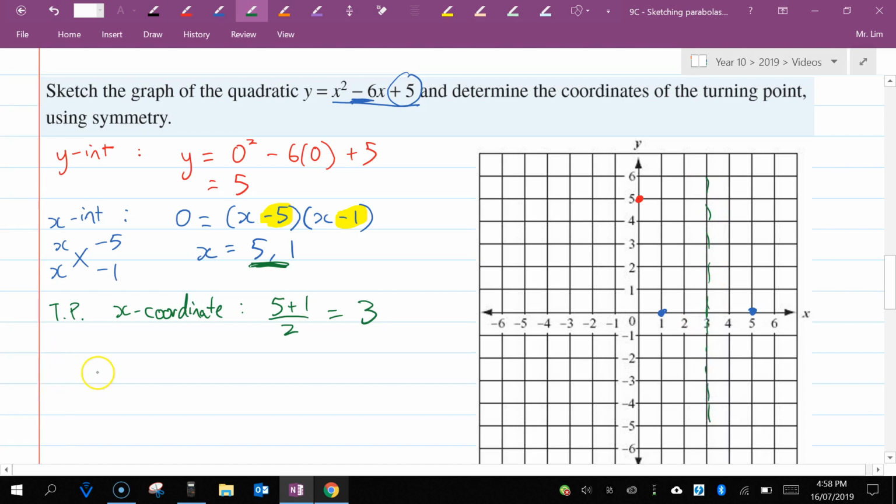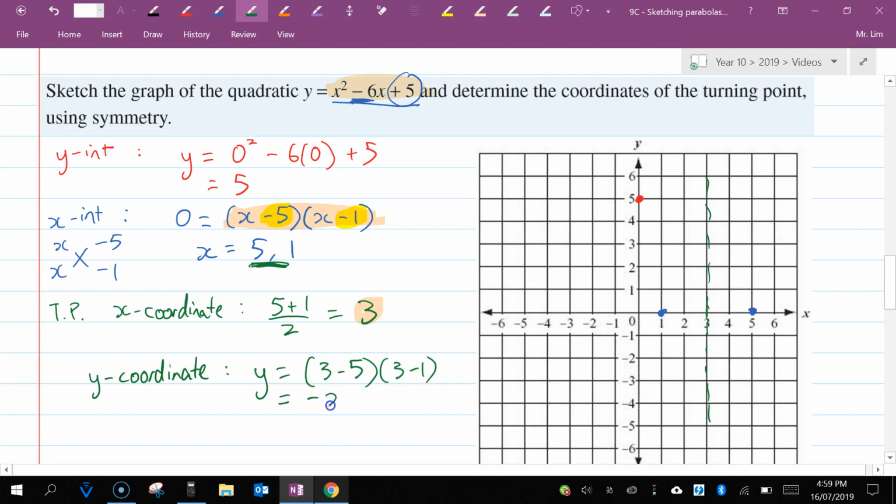To work out what the y-coordinate is, we're going to substitute that 3 into the equation y equals x squared minus 6x plus 5, or if you want, you can substitute it into this one. I like to do it in the latter one. Y is equal to 3 minus 5 times 3 minus 1.